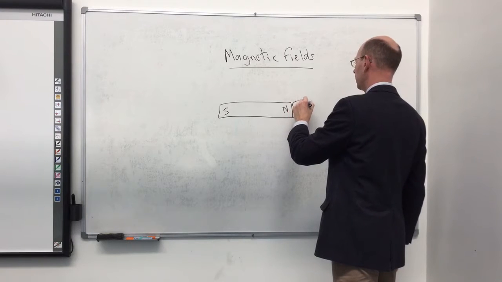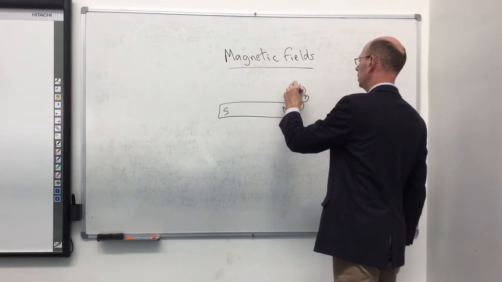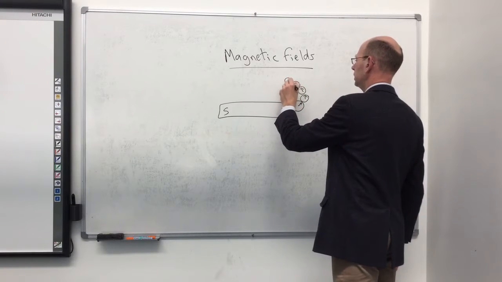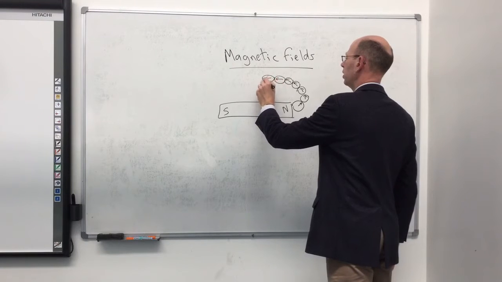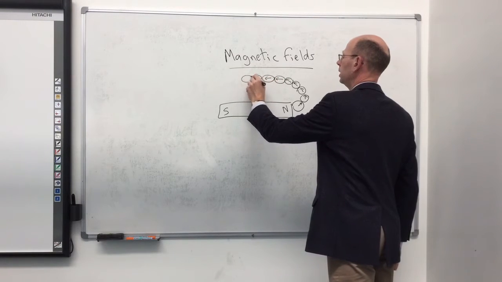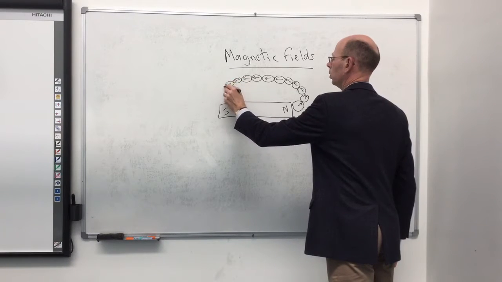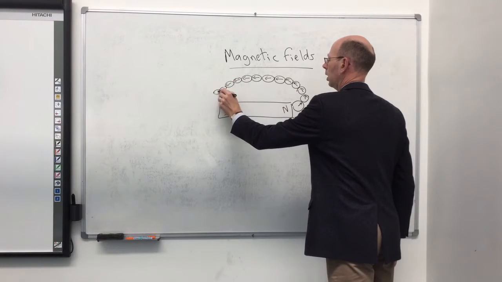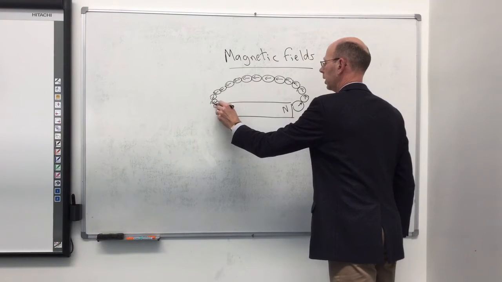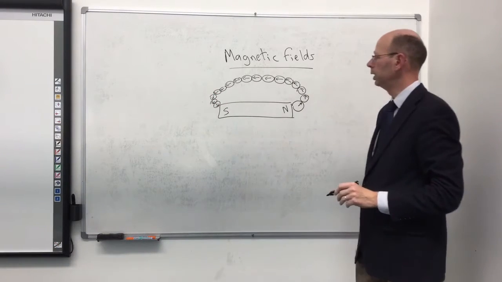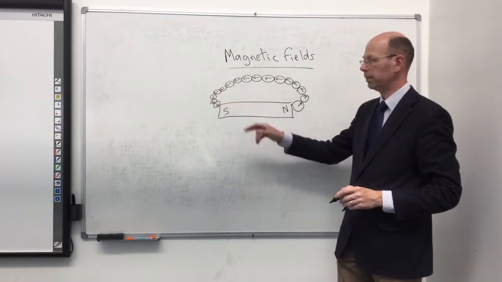And if you did that, each time moving the compass so that the needle points in a consistent direction like this, what you'll find is that the direction of the compass gives you an indication of what we call the direction of the magnetic field. And as you can see, it goes around in a loop from north to south. And we call that line a magnetic field line.